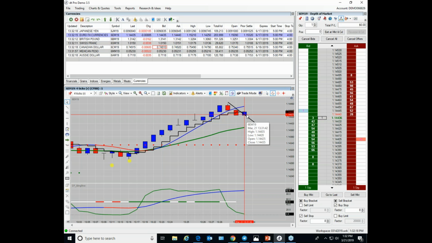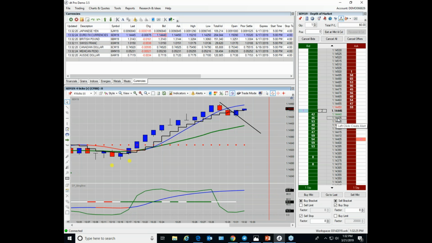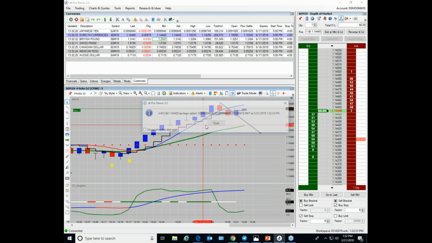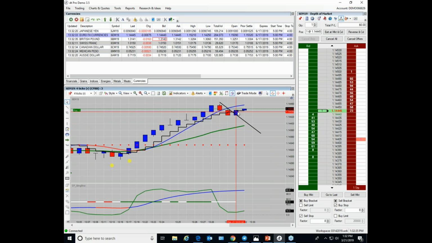That's 5 ticks above the low: 42, 1, 2, 3, 4, and there it is. That's the close above. I don't know why it didn't do it, but I'm going to do it for it. That is the close above the trend line. Now, a few things here.